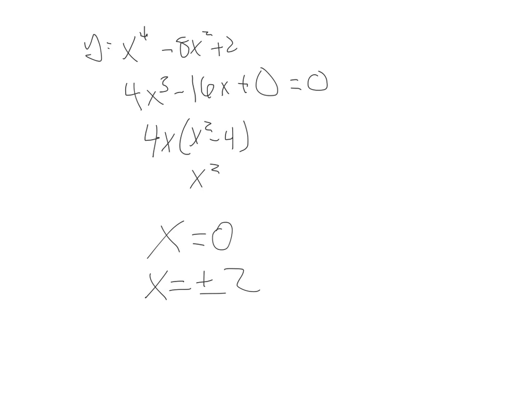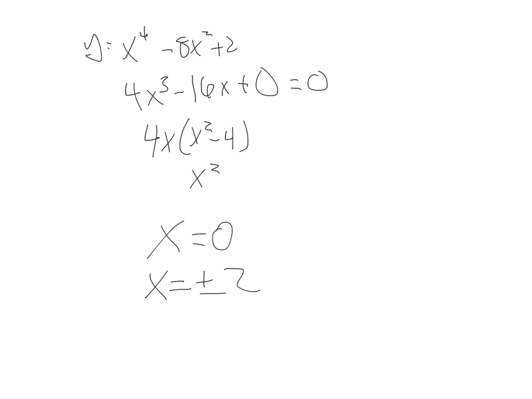If I were to actually graph this quartic function, you come up with something that looks like that. Here's negative 2, here's positive 2, there's horizontal tangent lines, and I missed the y-axis there a little bit, but at x equals 0.